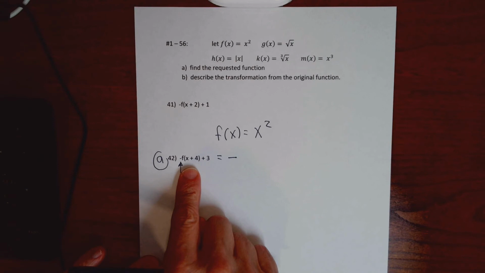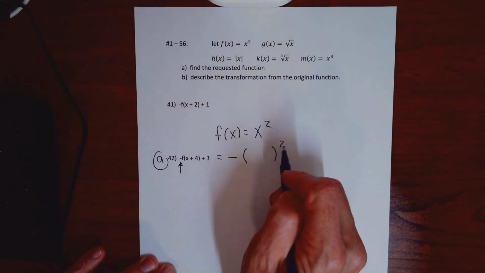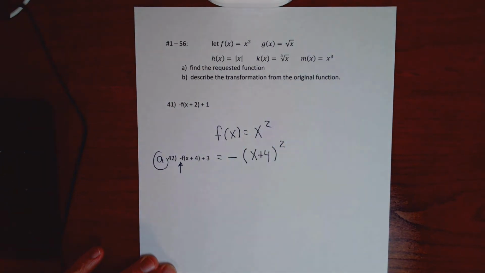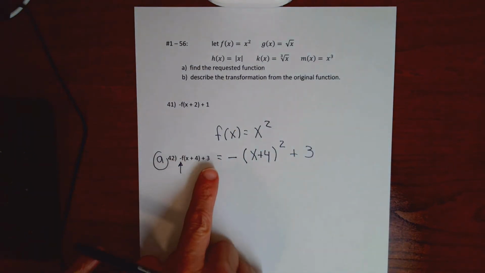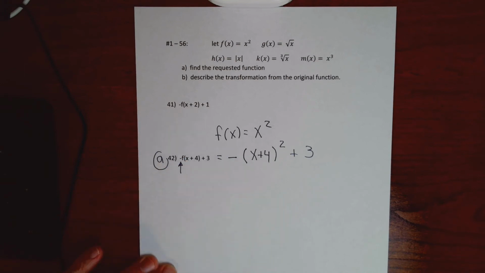It has a +4 inside of parentheses. I need to introduce a parentheses to get that +4 inside something that will work as a parentheses. And then the +3 is going to tag along. So the +3 is not inside, it's after the square. The minus is preceding the function. The +4 is inside of parentheses.